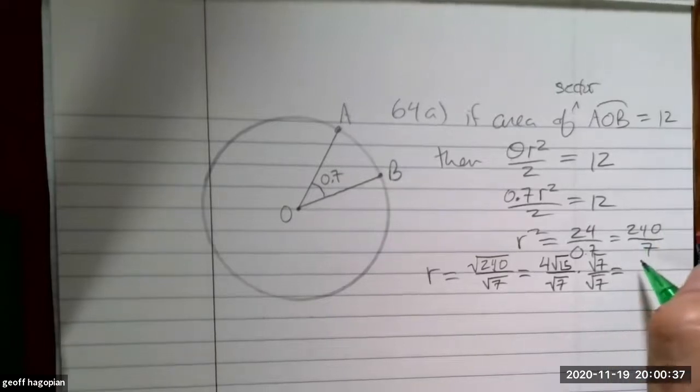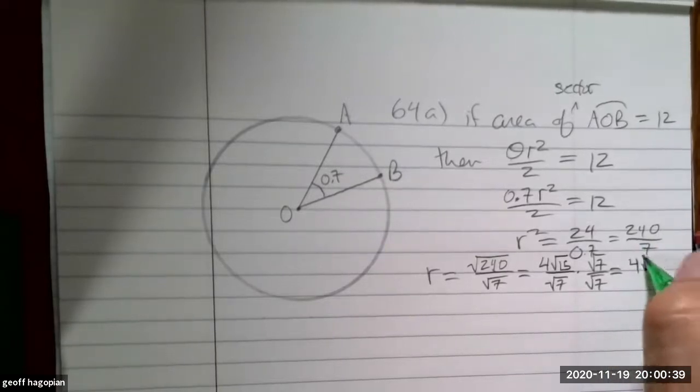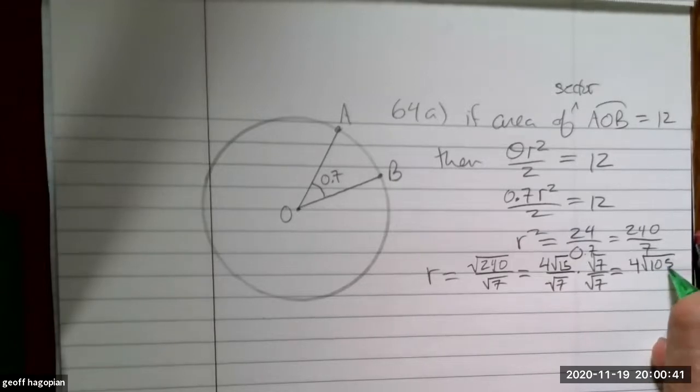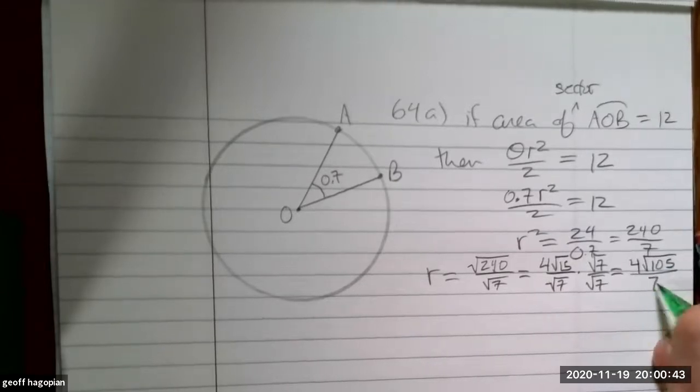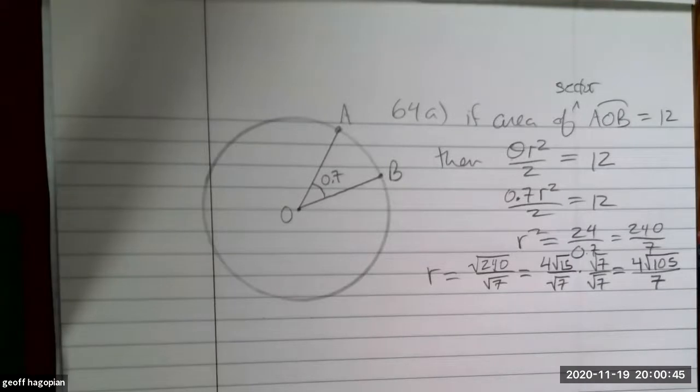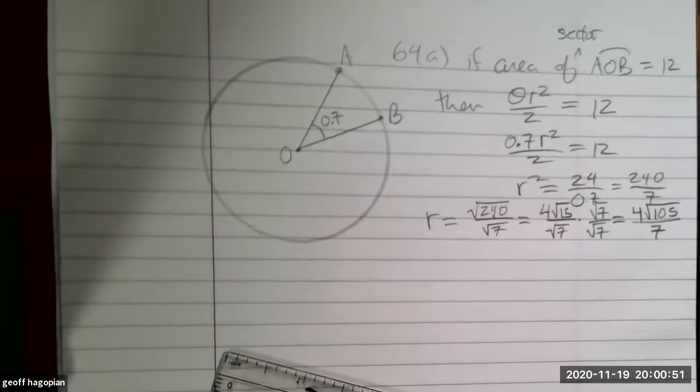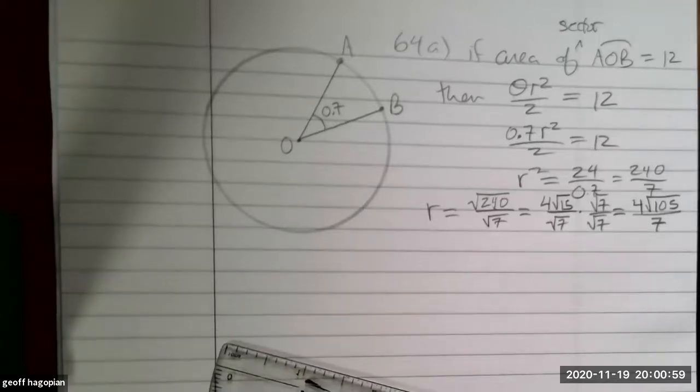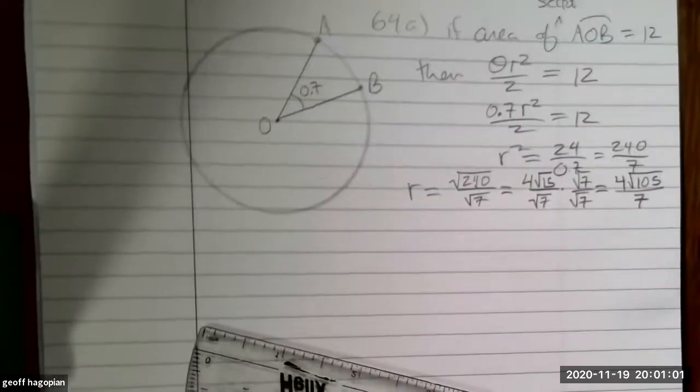And we get 4 times the square root of 105 divided by 7. That would be the simplified radical form for that radius. You have to do simplified radical form only if it says so. In general, I tend to go to that, right?